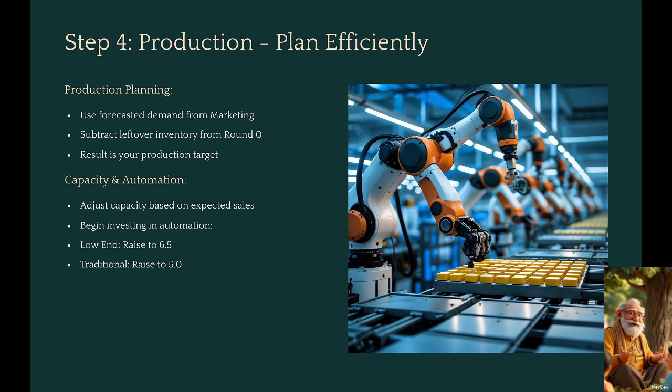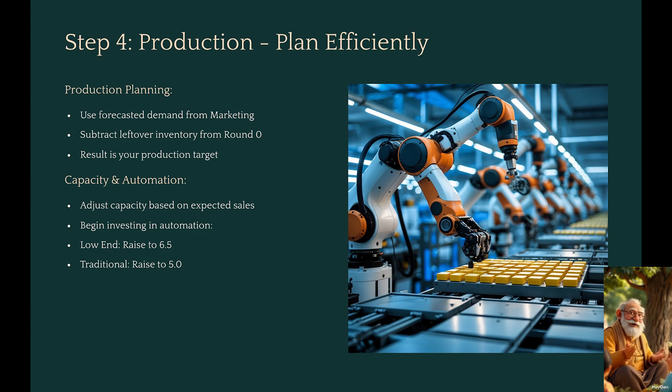Step 4. Production. Plan efficiently. Once marketing is set, go to the production module. Here's how to plan your production. Use your forecasted demand from the marketing module. Subtract any leftover inventory from Round 0, found in the Courier report. That gives you your production target. Capacity planning. Adjust your capacity if needed.